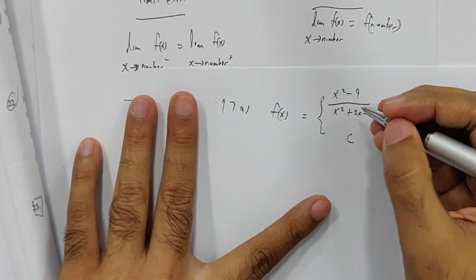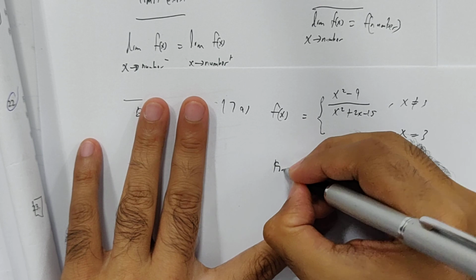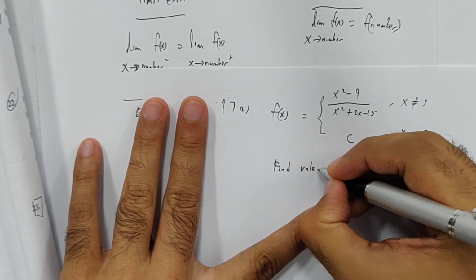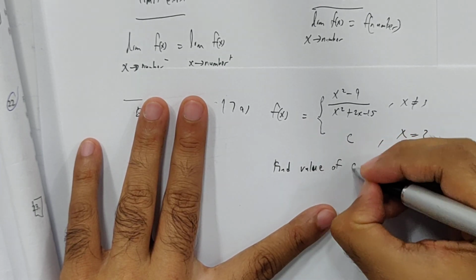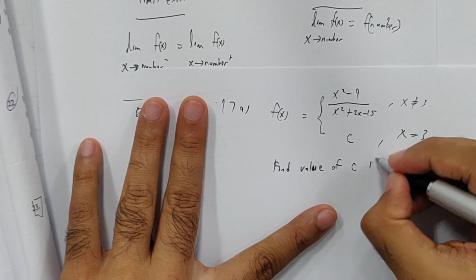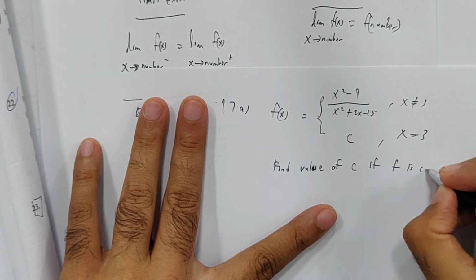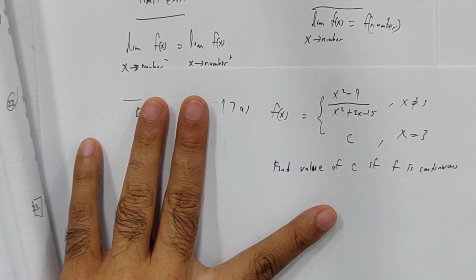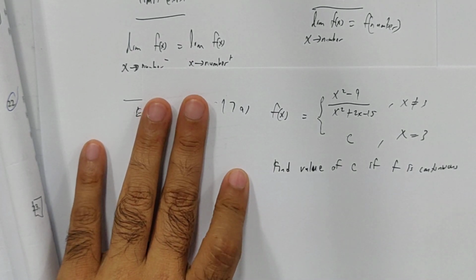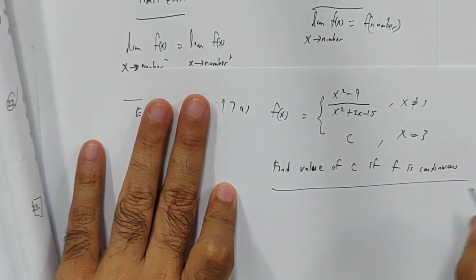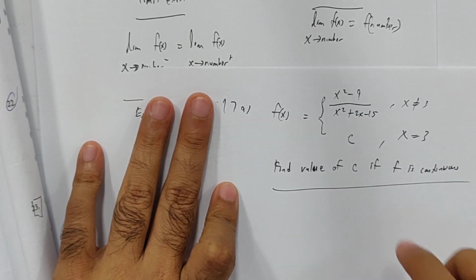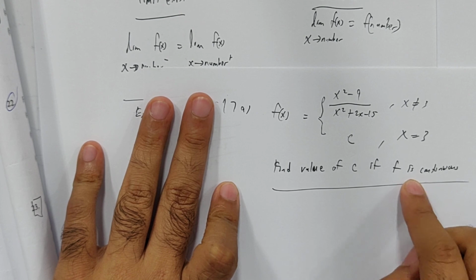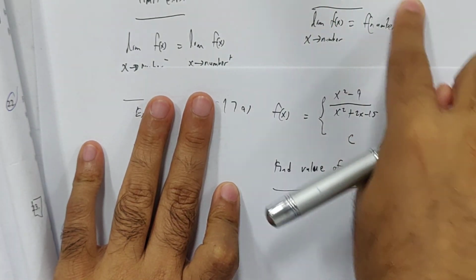The question stated, find the value of c if f is continuous. So how do we start? If continuous, what does it mean? It's this thing.